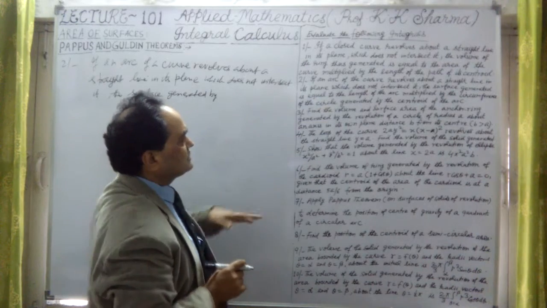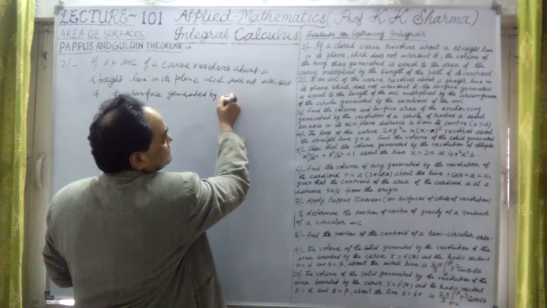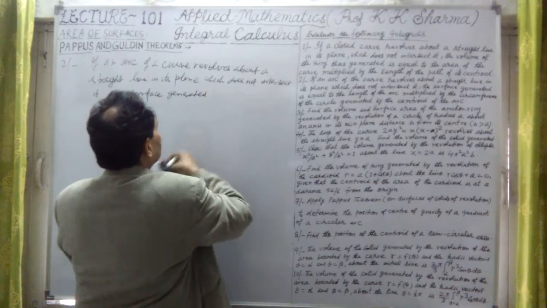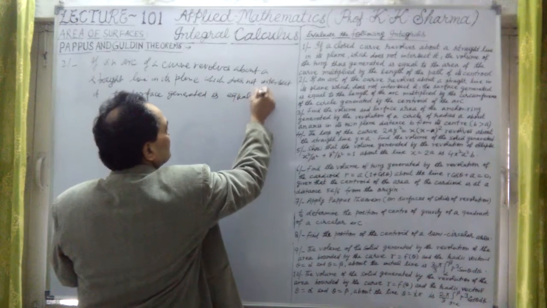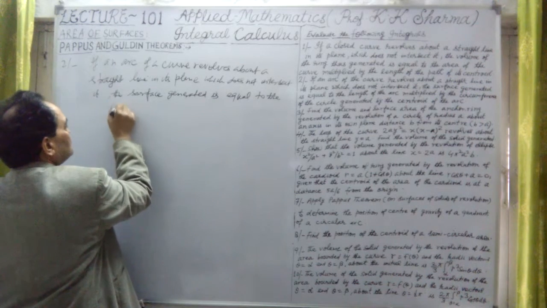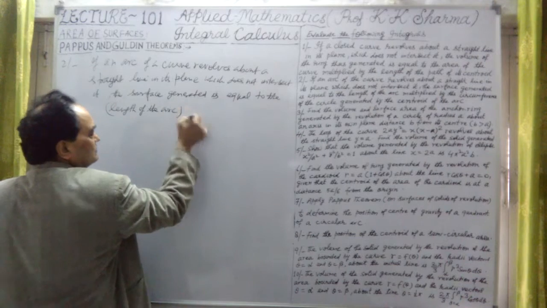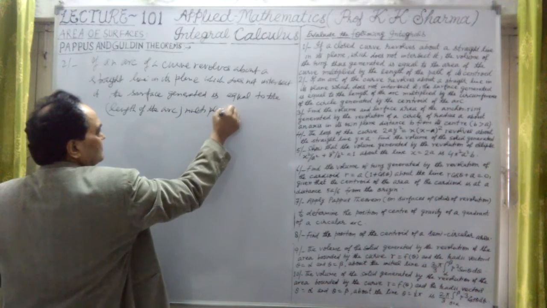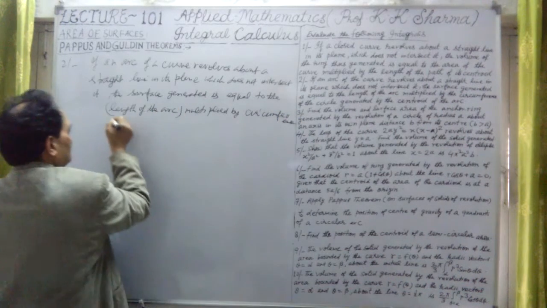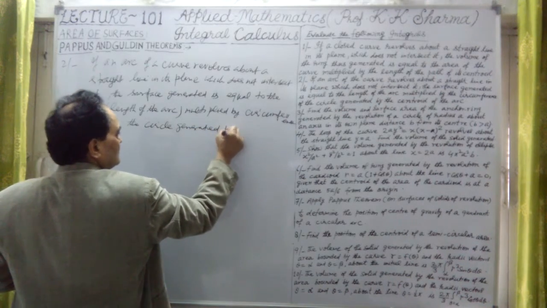Then the surface generated is equal to the length of the arc multiplied by the circumference of the circle generated by its centroid.